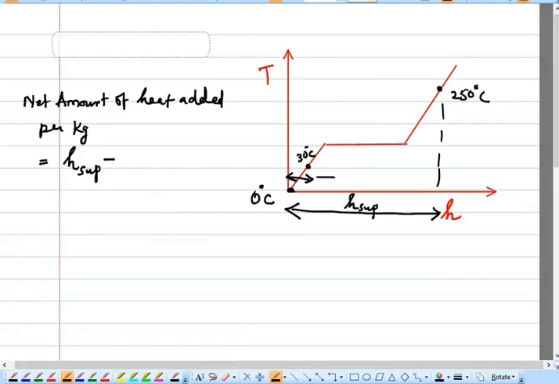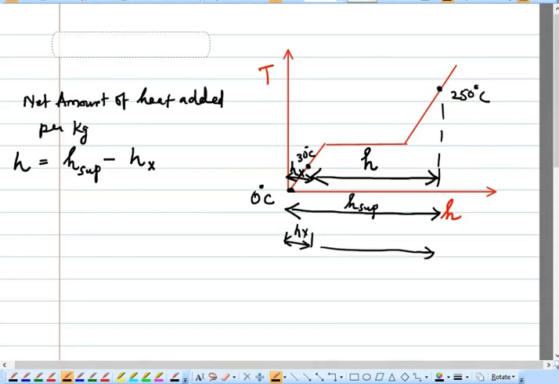I have to find only this value, this H value. But I have the total value. So how can I calculate? H is equal to H sup minus Hx. You take this as Hx, and from here to here it is the H value. So H is equal to H sup minus Hx.